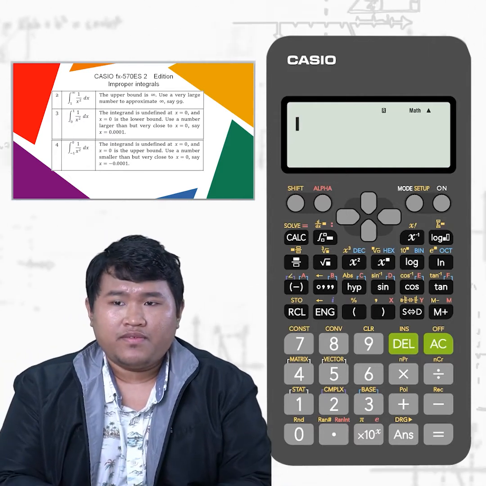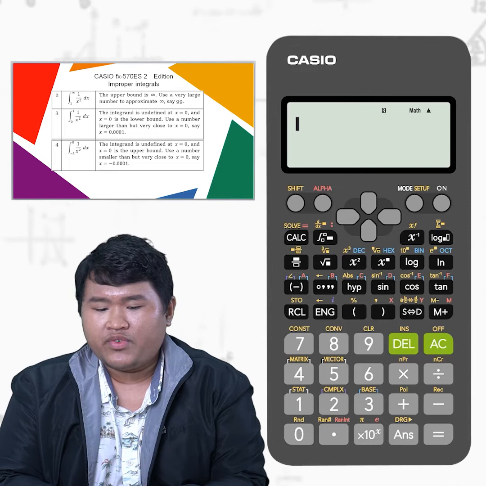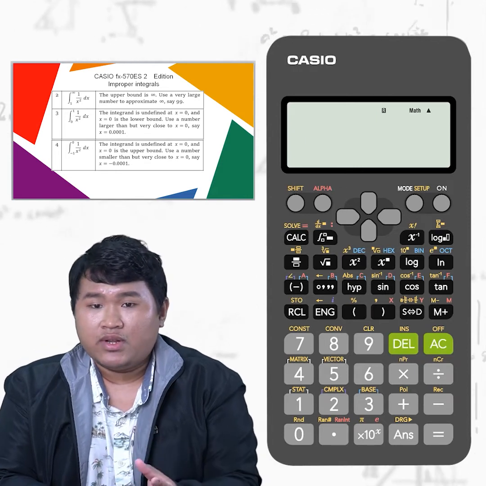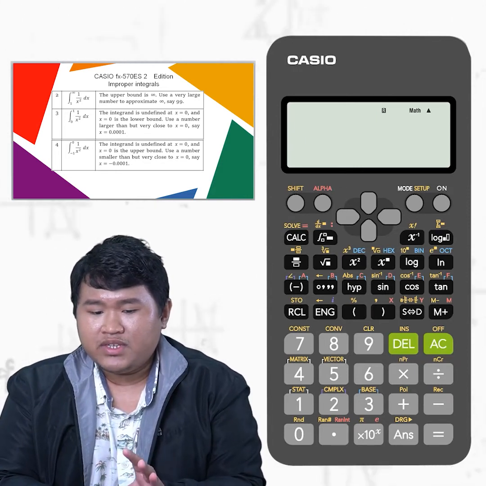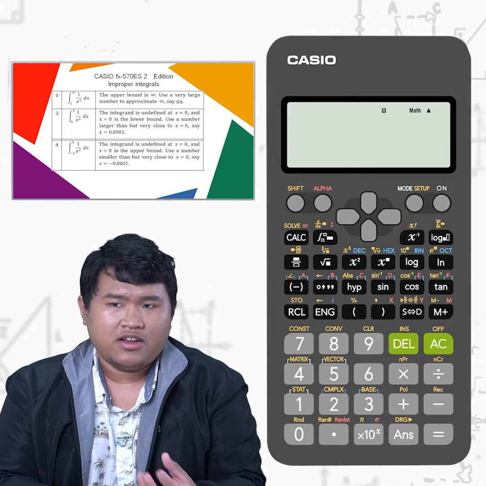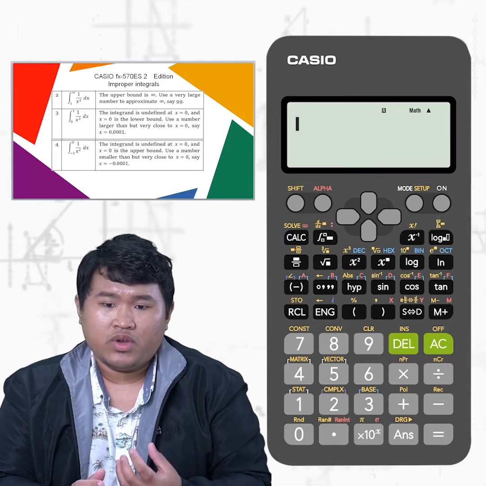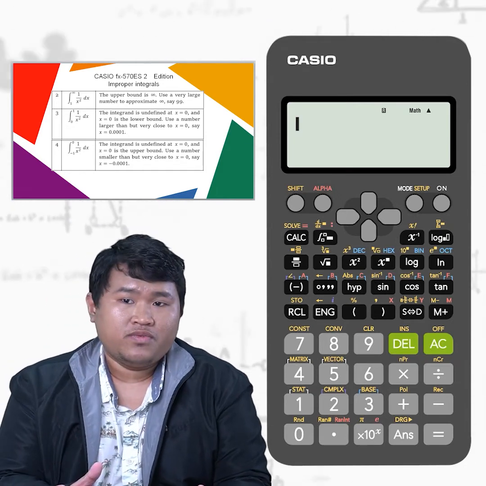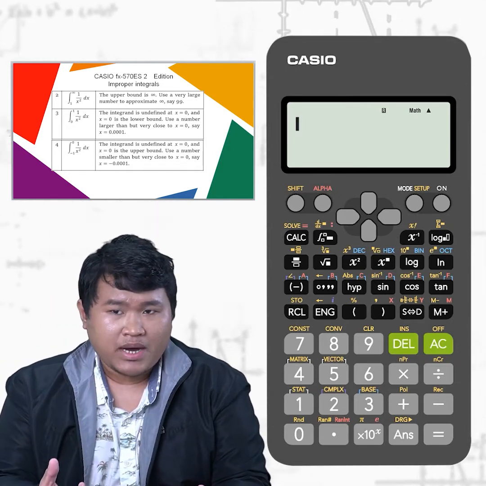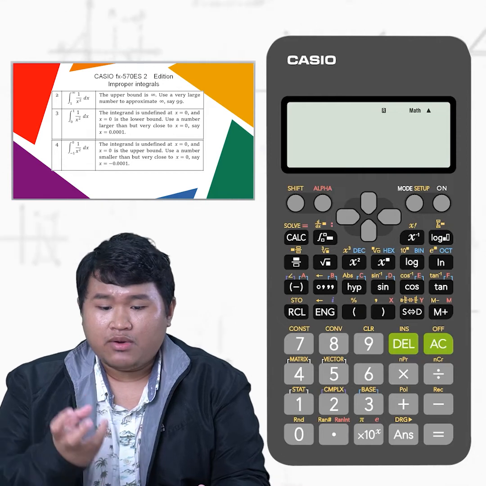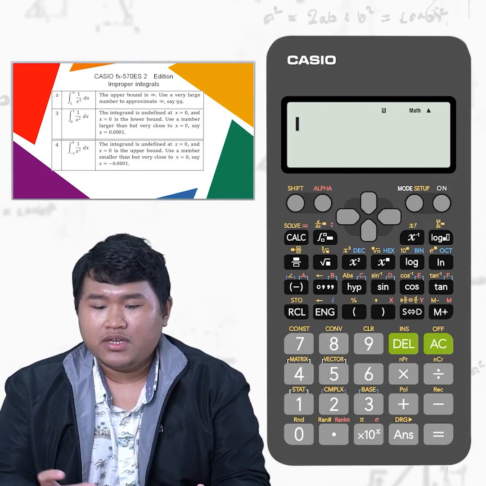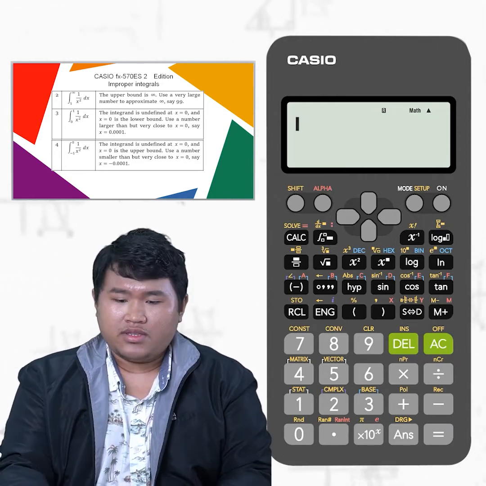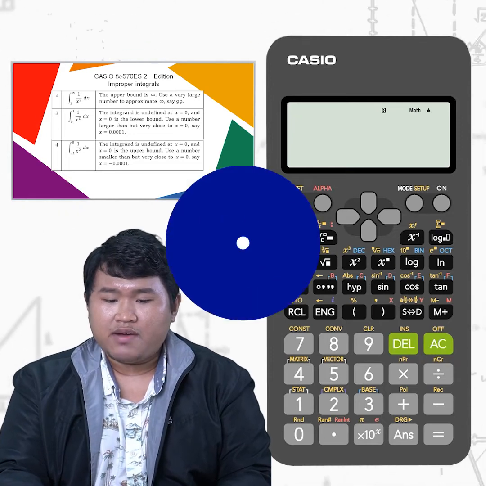For example, the expression 1 over x squared is undefined at x equals 0, but in case 3, we have this lower bound which is 0. So we cannot calculate it directly. It will show a math error in your calculator. Instead, we will replace 0 with something very close to, but not equal to, 0. For example, 0.0001. Now, let's show it in the examples.